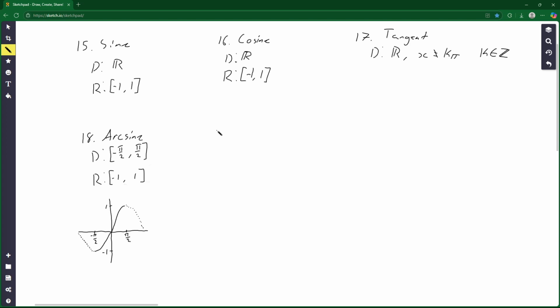Same thing for arc cosine, but it's a little bit more different. So 19, arc cosine. Our domain this time is going to be from 0 to pi, and then our range is going to be from -1 to 1.